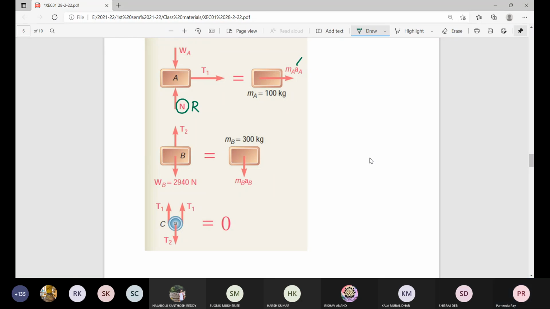Now for block B, there is the self-weight WB, and the tension T developed in the link between the moving pulley C and the weight WB. It is under the acceleration A of block B. So from that equation of motion, you get another piece of information.